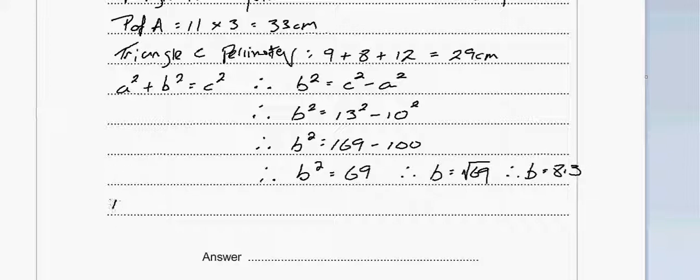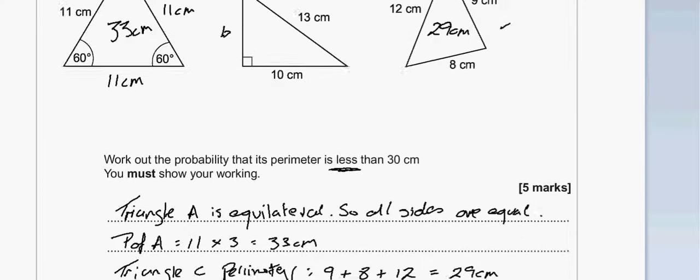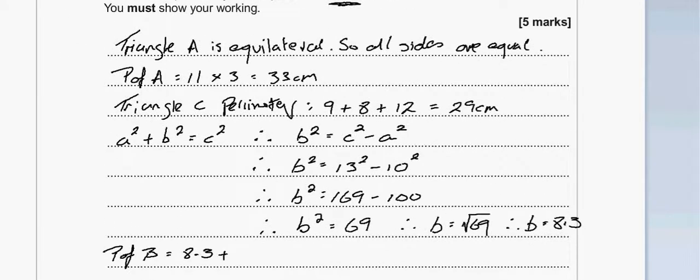So the perimeter of b equals 8.3 plus 10 plus 13.